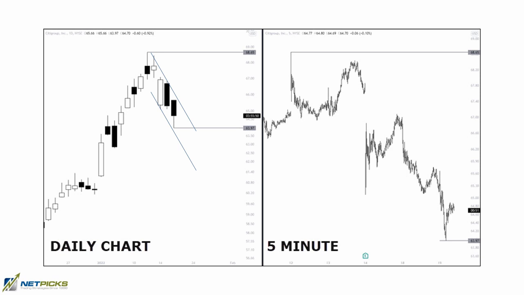And once price started to pull back, we're essentially looking at a bull flag on the daily chart. There are no signs of exhaustion that would set up a potential short trade, so there's really no reason to look short. But when you look at the 5-minute chart, we actually have trading opportunities in both directions during this pullback on the daily chart.